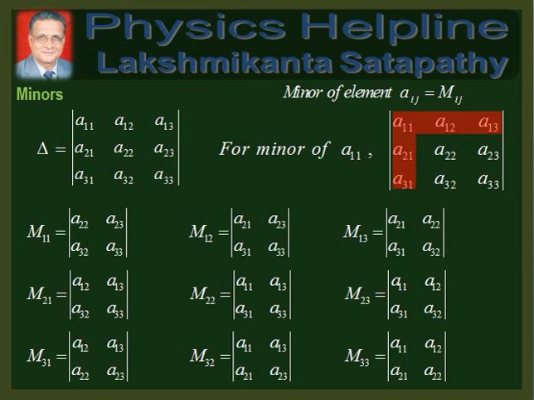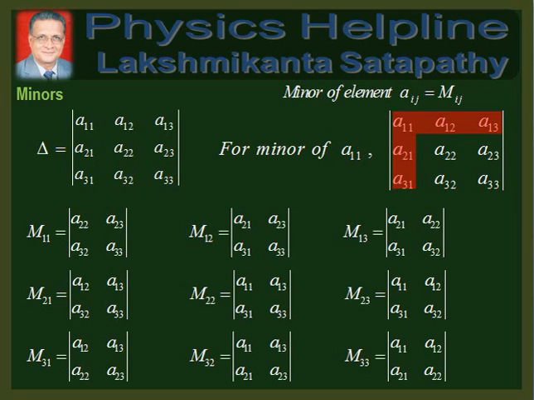Now we will discuss minors and cofactors. Minor of an element Aij of a determinant is the determinant obtained by deleting the ith row and jth column of the determinant. It is represented by Mij. The minors of all the 9 elements are noted here.